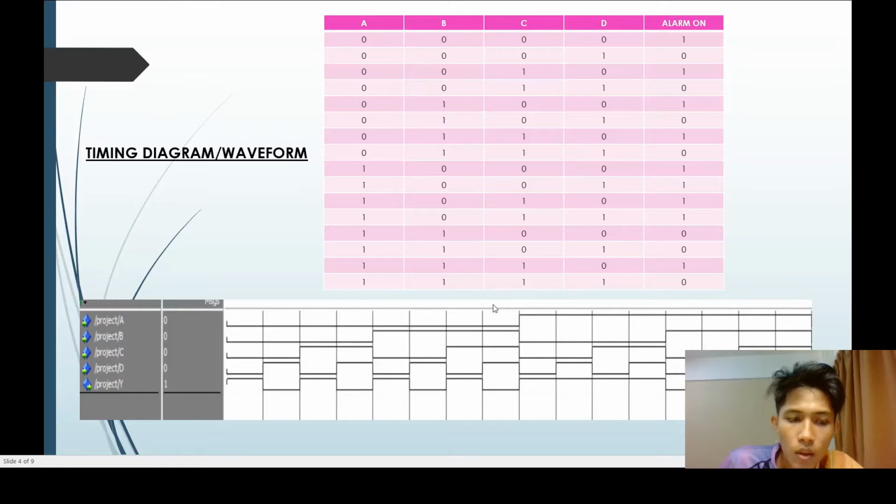For the input B, you can see that there are 4 step downs, 4 step ups, 4 step downs, and 4 step ups. So from this diagram, 4 will be step down, 4 will be step up, next step down 4, and next step up 4. Okay, you can see that.